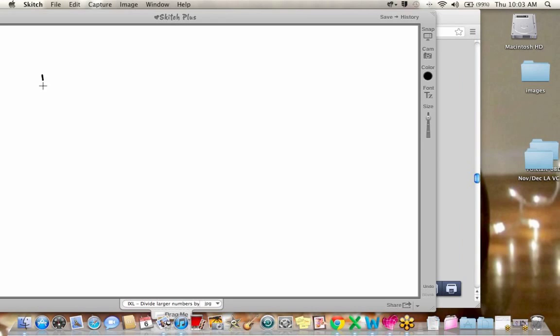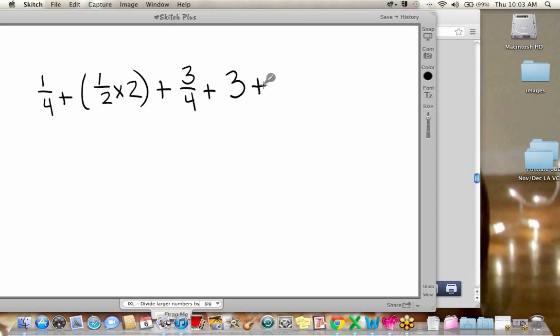So I have 1/4 of a pizza plus 1/2 of a pizza times 2 kids, because 2 kids ate a half, plus 1 kid ate 3/4 of a pizza, plus 3 kids ate 1.5 pizzas. Wow. So let's figure out what these numbers are in the parentheses first, and then I'll just add it all up. So I'll change my color.